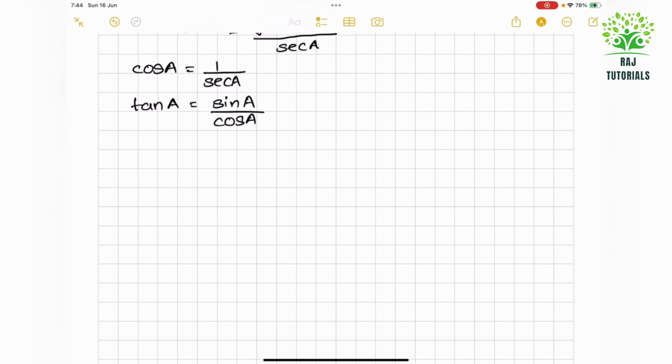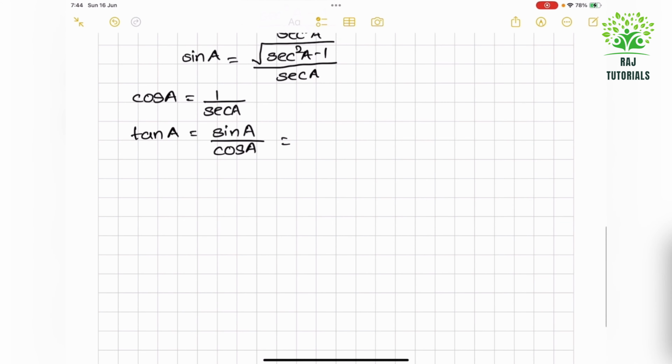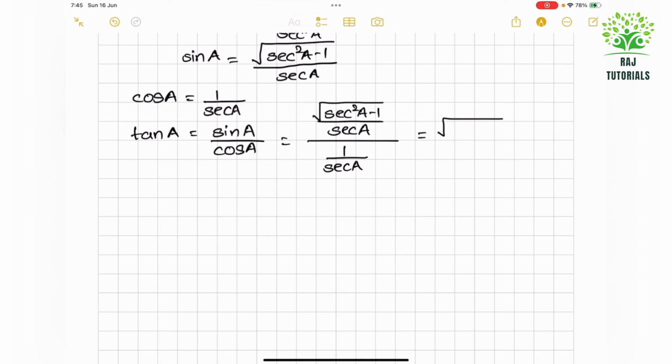Now tan A means sin A upon cos A. So just now above we have got sin A, that was square root of sec square A minus 1 upon sec A whole upon 1 by sec A. The above two values I have used.